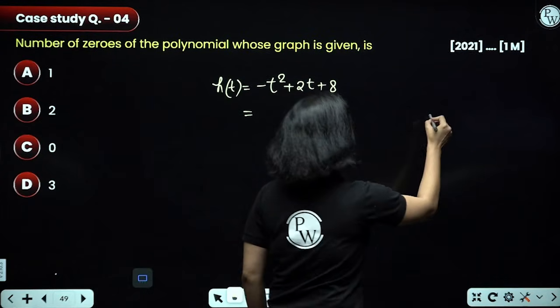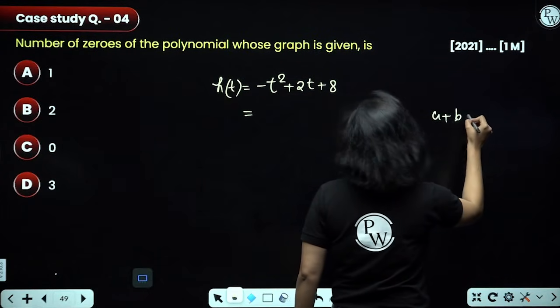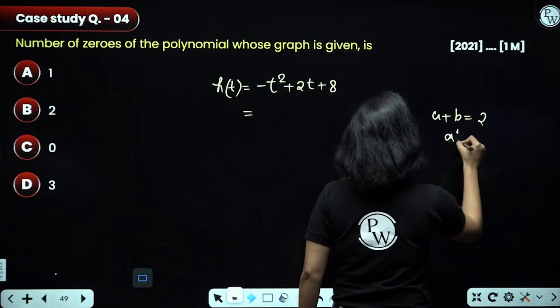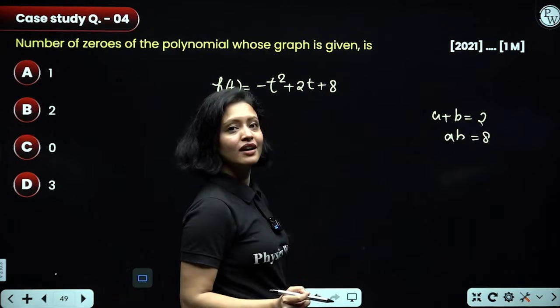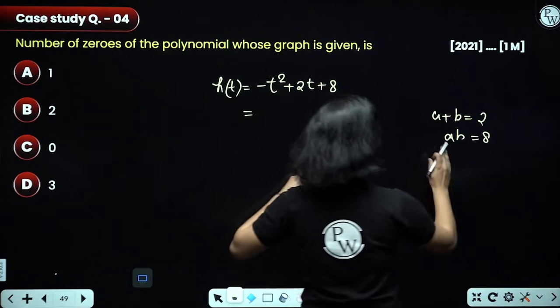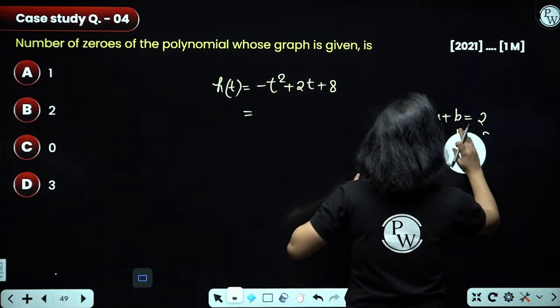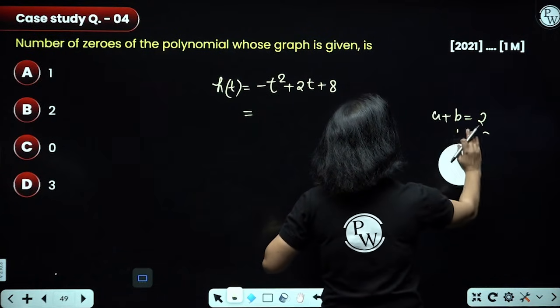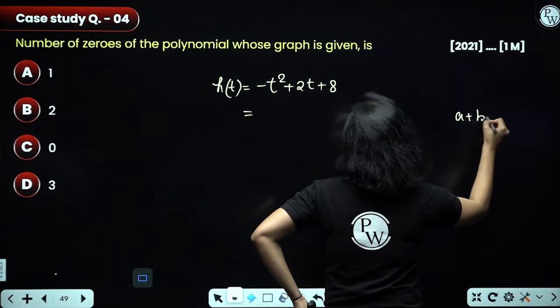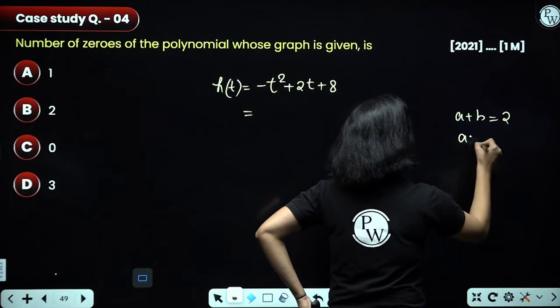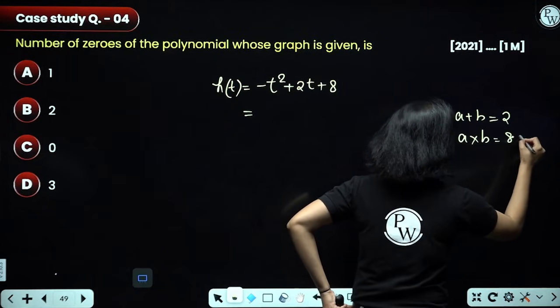So think about it. Two numbers which on adding give you 2 and on multiplying give you minus 8, because AB should be equal to the constant multiplied with the coefficient of the square term, right? So A plus B should be equal to 2 and A into B should be equal to 8 into minus 1.